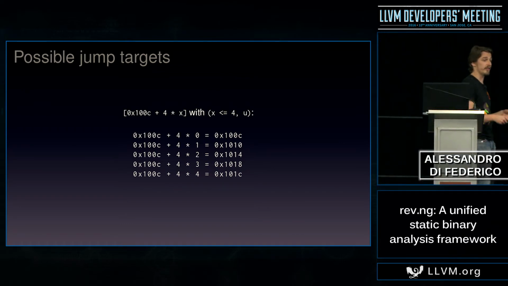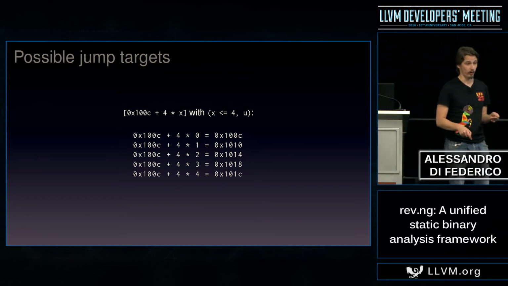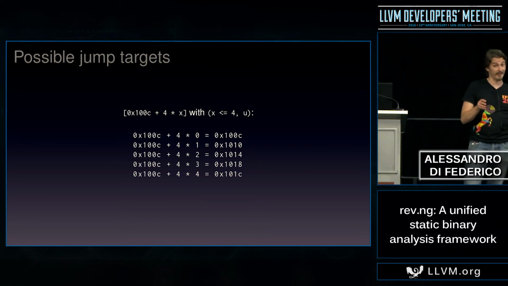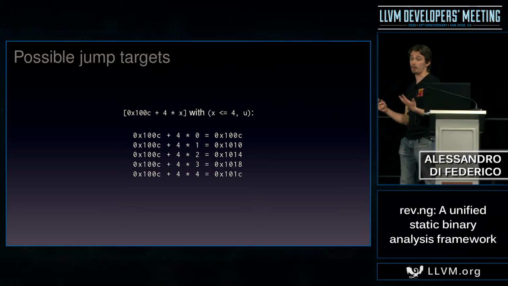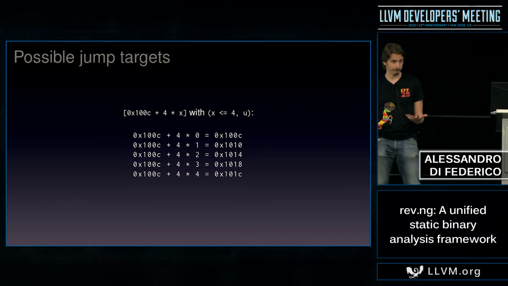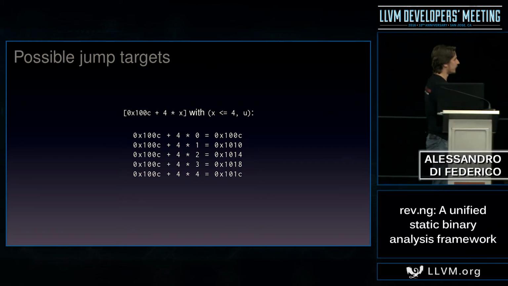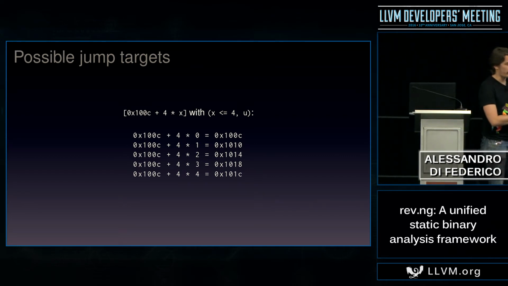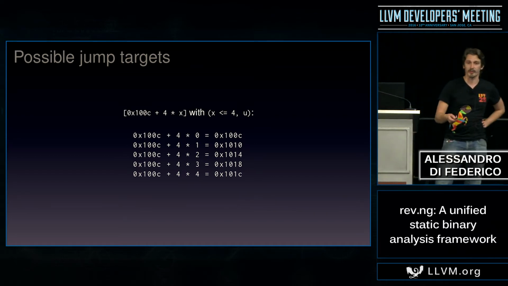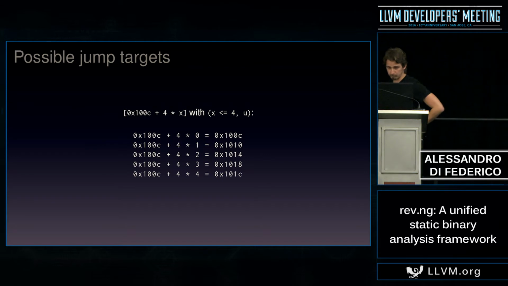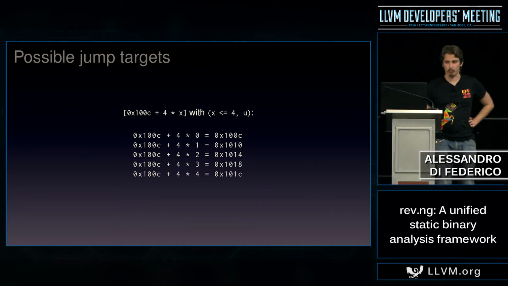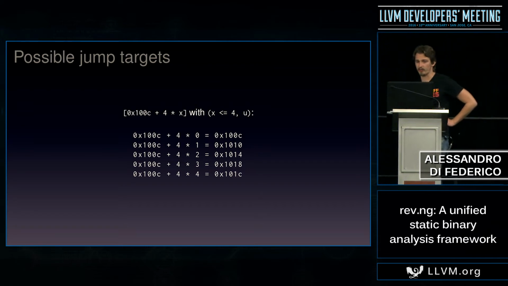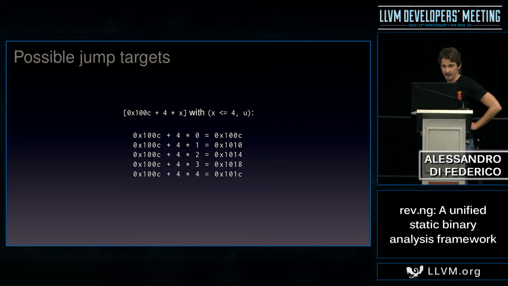And since it has been used as an unsigned value, we also know that it's greater than or equal to 0. So we can brute force this expression with all the possible values and enumerate all the possible jump targets. This is vital to be able to recover all the possible basic blocks and an accurate control flow graph.